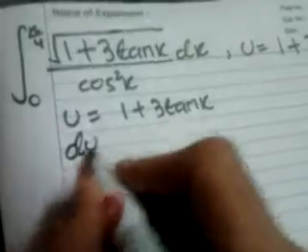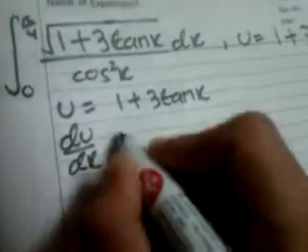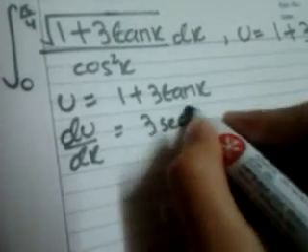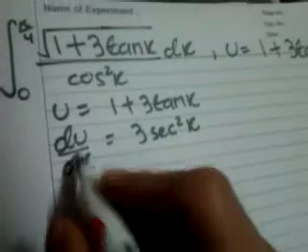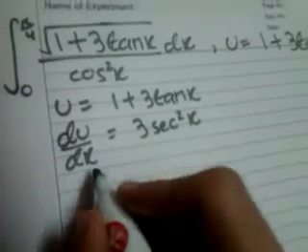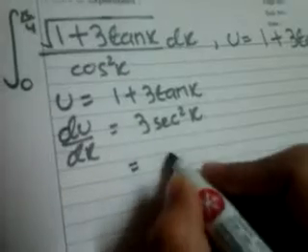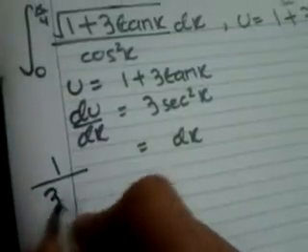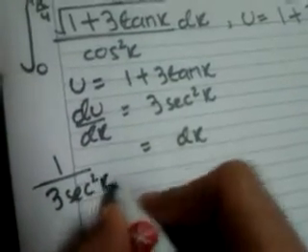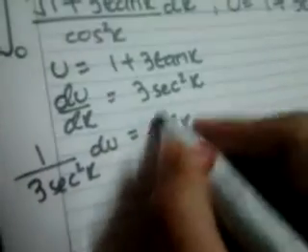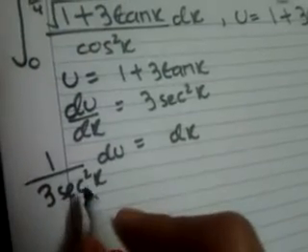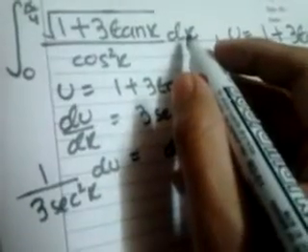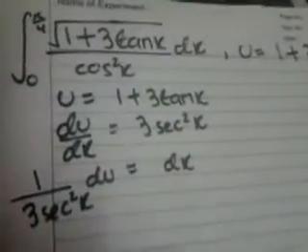If we find du by dx, this is 0 plus 3 sec squared x, and look, there's du and dx, so this is dx equals 1 by 3 sec squared x du. Therefore dx and this 1 by 3 sec squared x du are the same, so we can replace dx by this term here. So one thing is done.